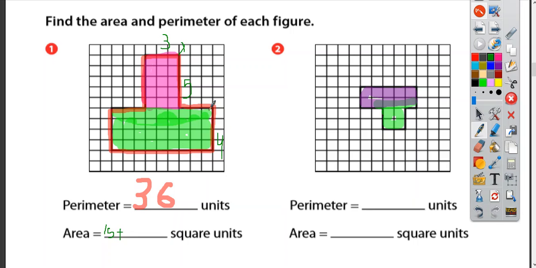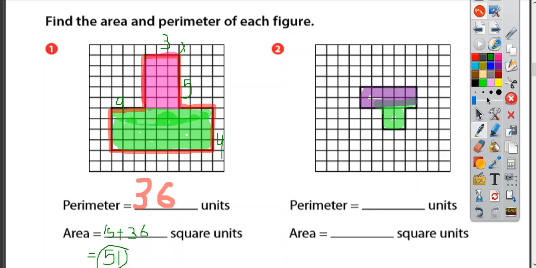Here I have 1, 2, 3, 4, 5, 6, 7, 8, 9. 4 times 9 is 36. So you just add 36 plus 15. 6 plus 5 is 11, regroup the 1. 1 plus 3 is 4. 4 plus 1 is 5. So the answer is 51 square units.